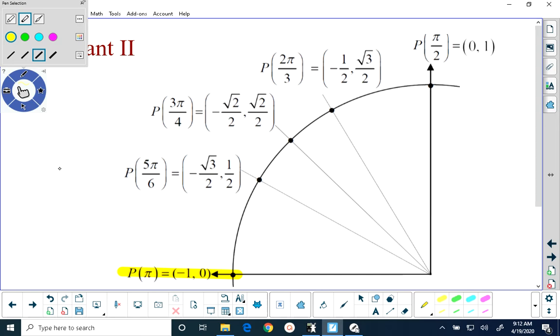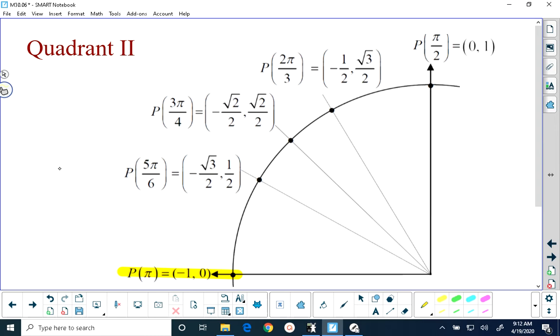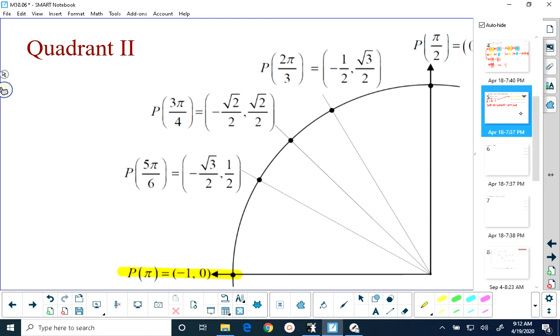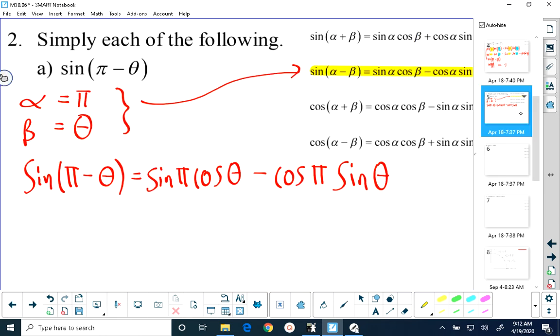Now don't forget, again, on the unit circle, the x-coordinate is the cosine of that rotation angle, and the y-coordinate is the sine of that rotation angle. In other words, the cosine of pi is -1, and the sine of pi is 0. So if we go back to our question then, we can start putting in those values.